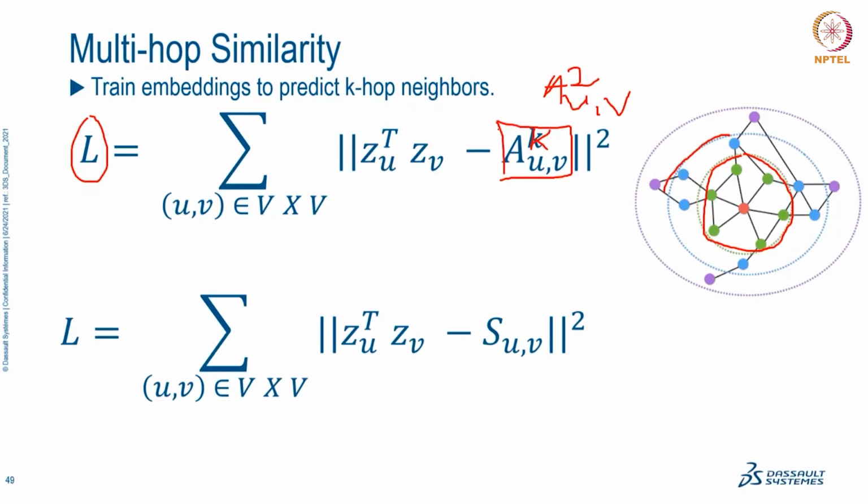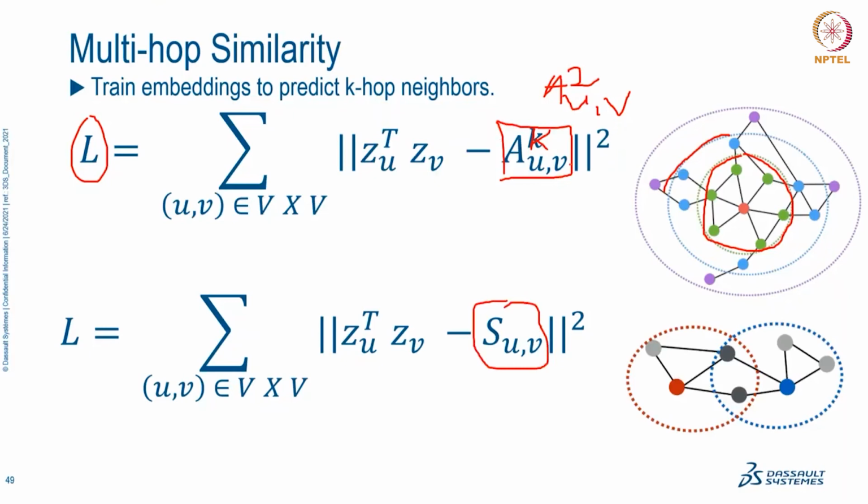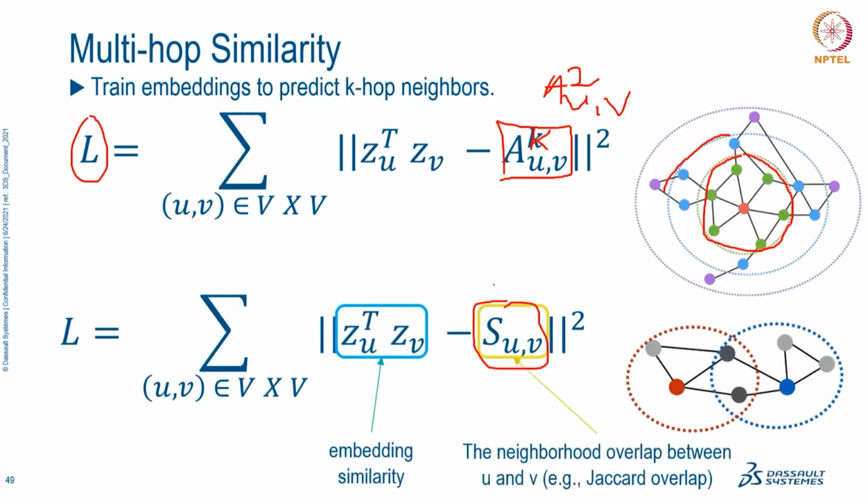Okay, so this can be simplified to something called SUV. And SUV is nothing but you can say Jaccard similarity or overlap similarity. The formula I just mentioned in the previous slide, but don't go over the formula.